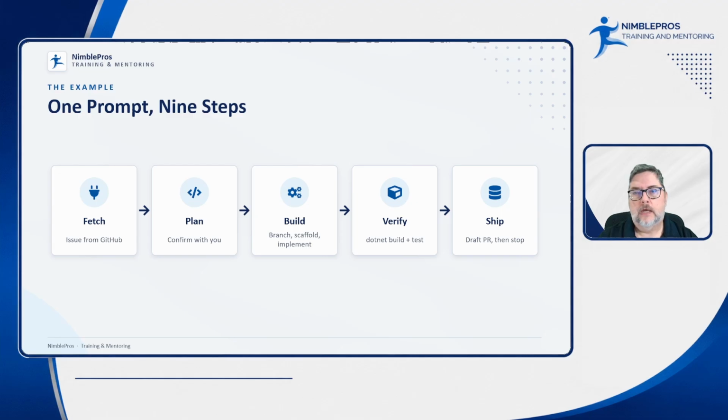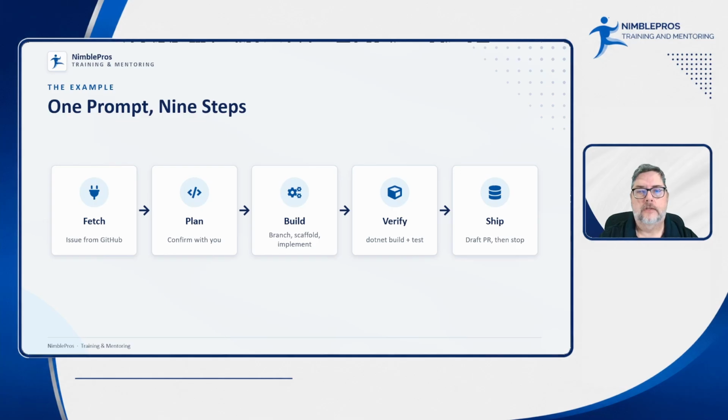Once I verify that that's what I want it to do, that the plan looks good, then it will build out the code base in order to implement that feature. It'll go through, designing the code, writing it all out, putting it all together, and then it will do the verification steps. In this particular case, it's doing a build and test. .NET build, .NET test in order to verify that everything builds correctly and that there aren't any bugs or errors.